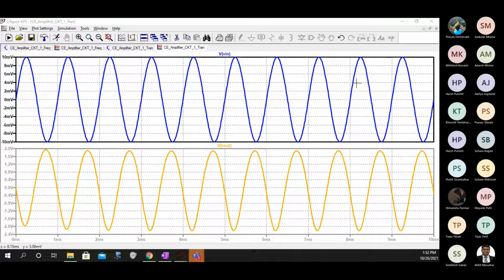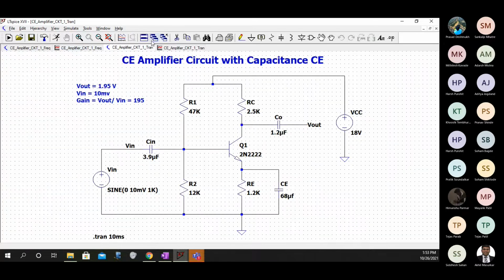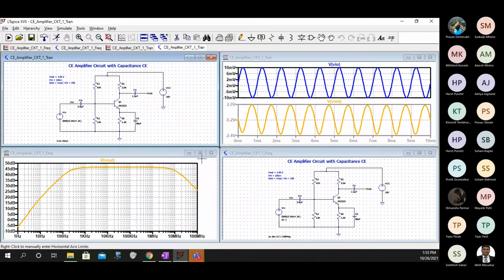So this is what you need to understand when it comes to the graphs.